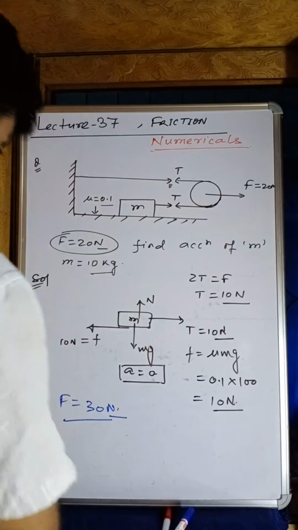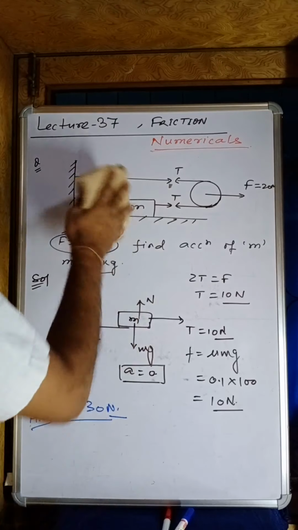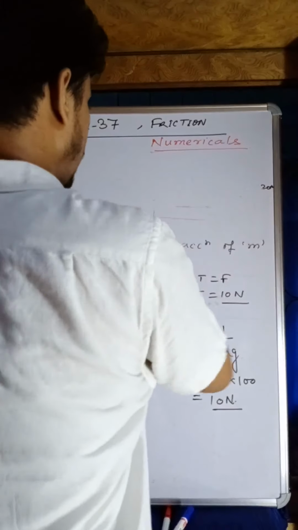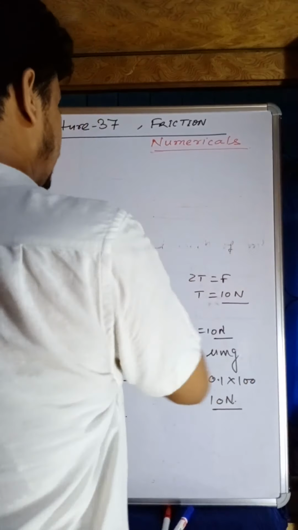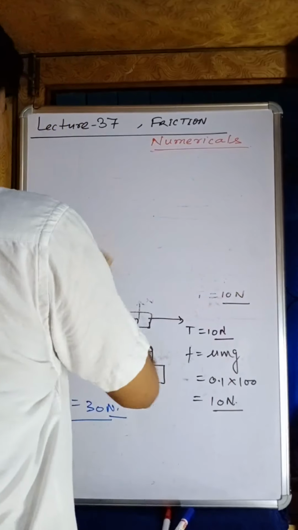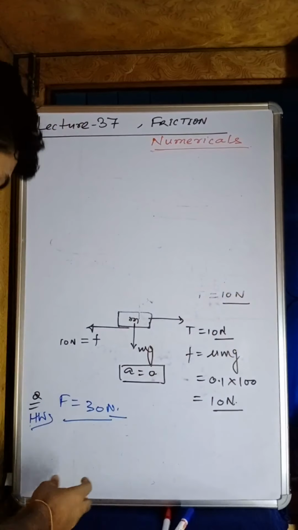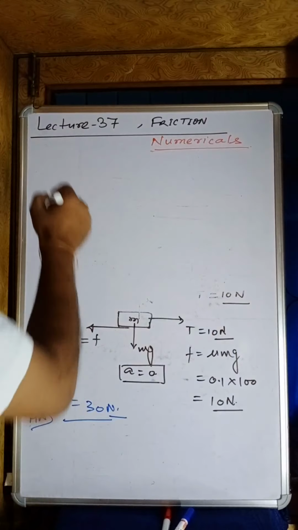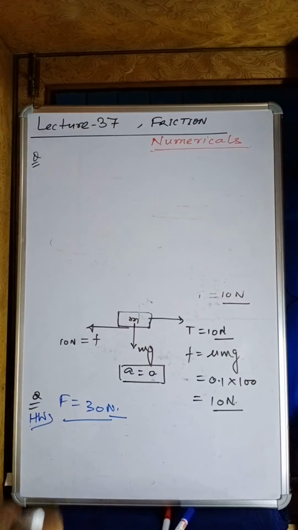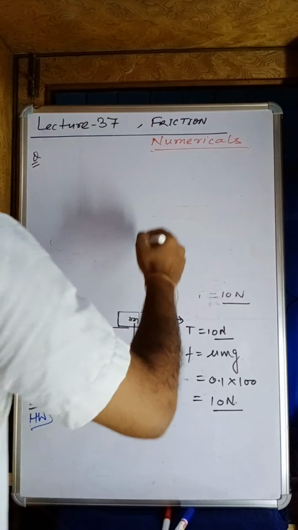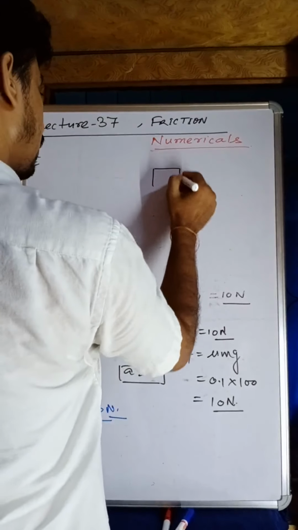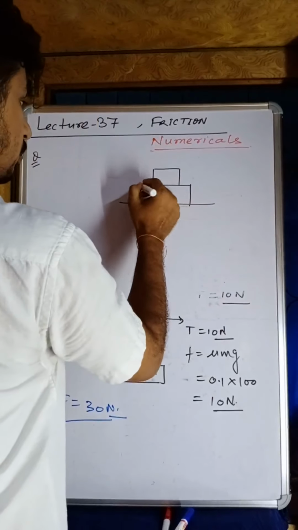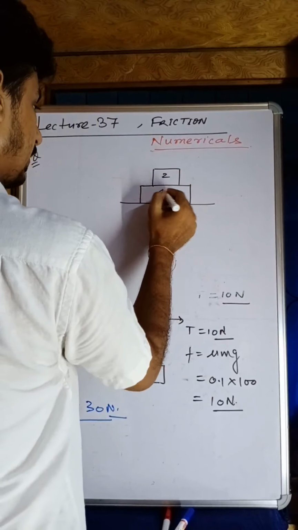Okay, so let me write the next question here. Now the second question, my dear students, I'm drawing on the board. This is a multiple body problem. This is 2 kg and 4 kg.